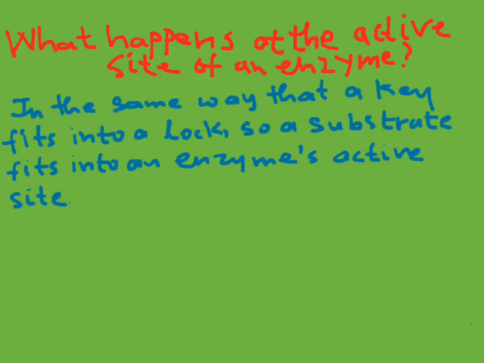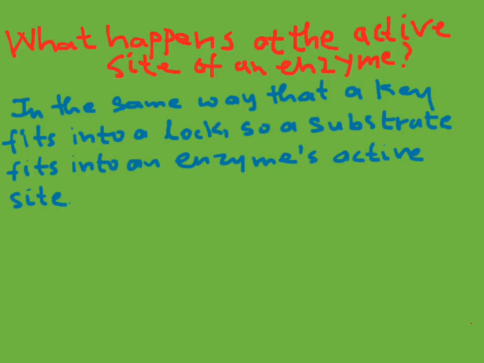And this same aspect is carried out in enzyme activities. That is why we say that as the key fits into a lock, so the substrate fits into the enzyme's active site. You can, on your own, get two locks with two different keys.